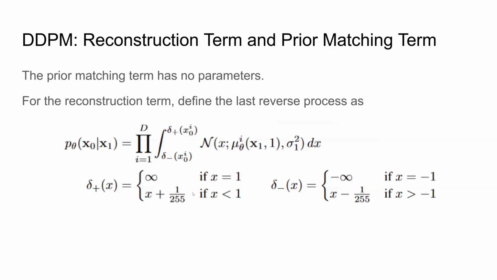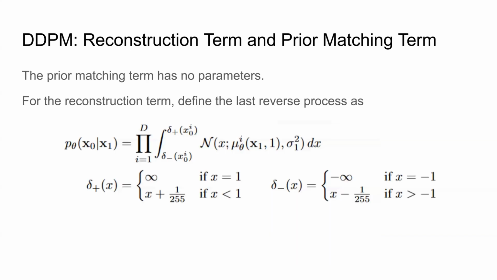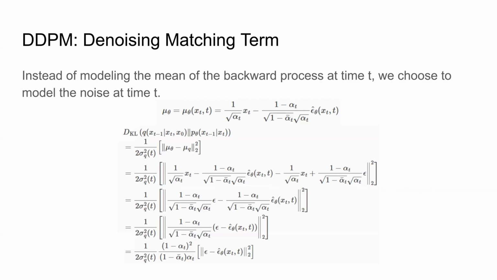So this effectively tells us that this entire term boils down to some constant times the L2 distance between the actual random noise versus the random noise that is modeled by your model. Yes. And this is the end of story for the denoising matching term.